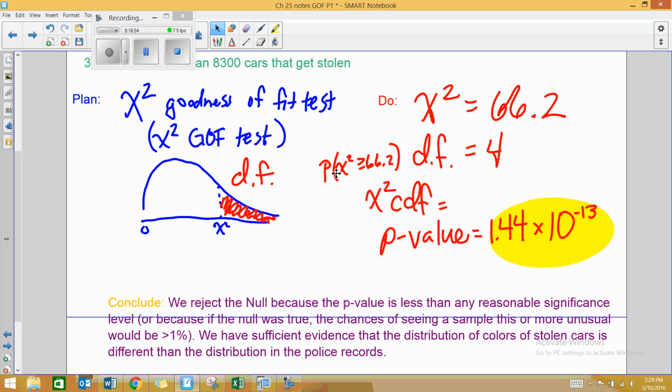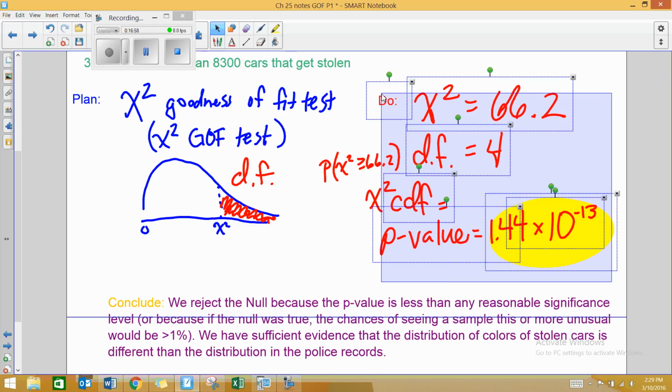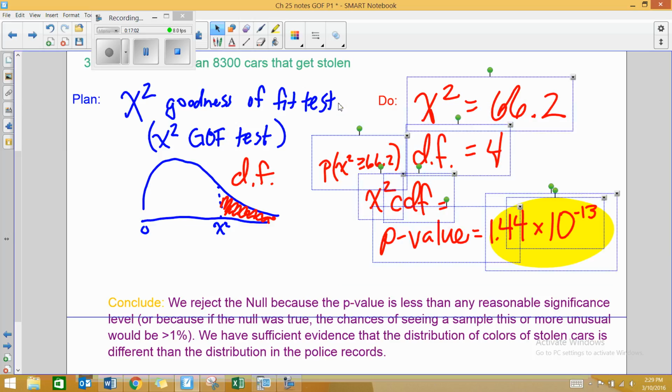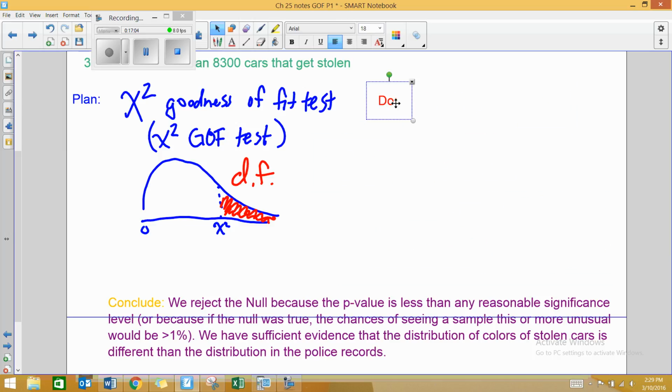So again, you can do it by hand by doing chi-squared CDF, or we can do it with a calculator. So if I do it with the calculator, I'm still responsible for reporting all the same values, but now I don't have to add up all of the squared values and find the summation to get chi-squared.